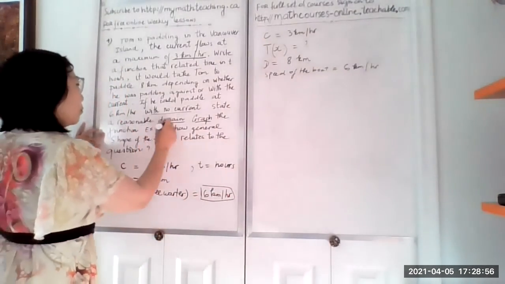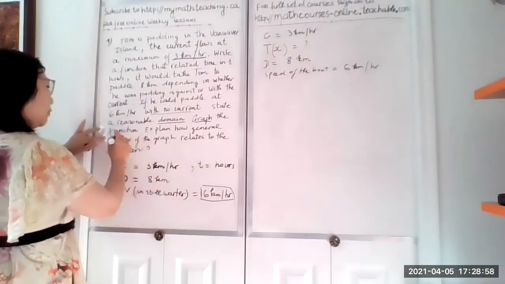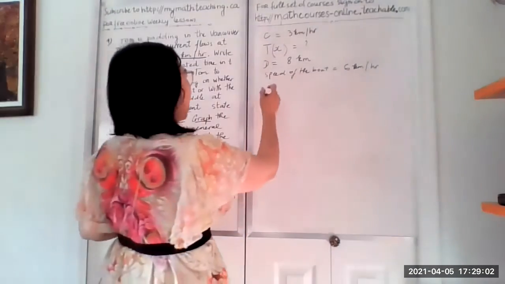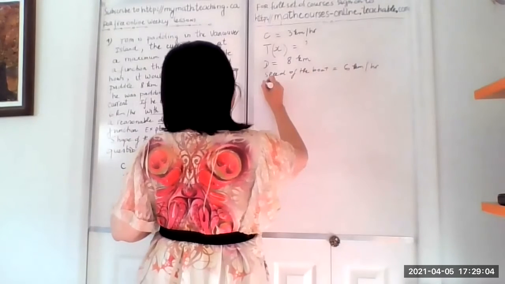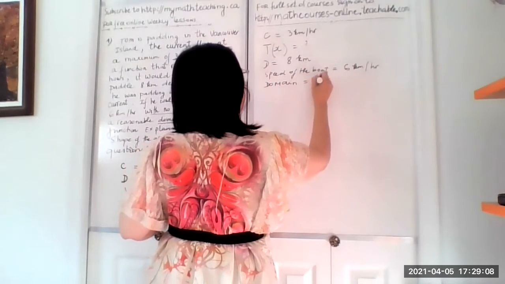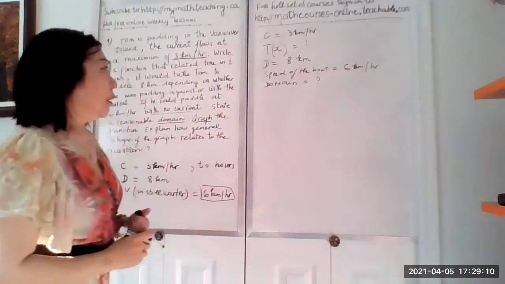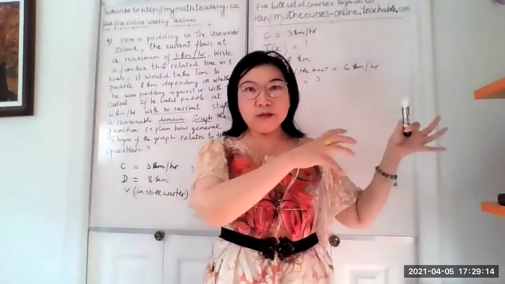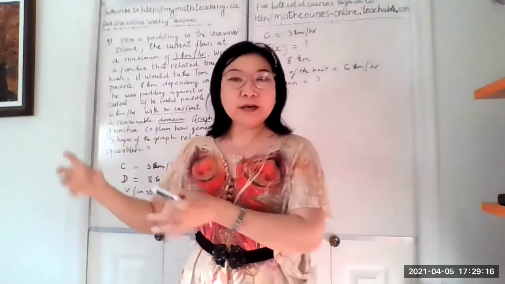State a reasonable domain. Graph the function. Okay, so we have to think about domain. How do we establish our domain? What is the domain? Usually domain stands between somewhere to somewhere, right?